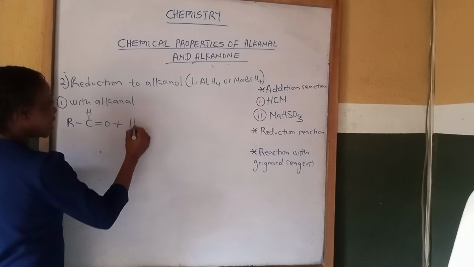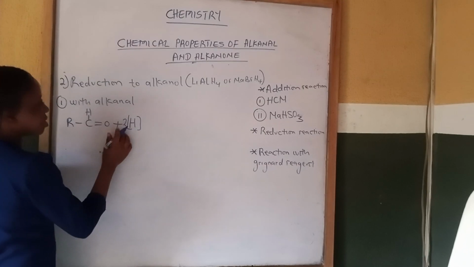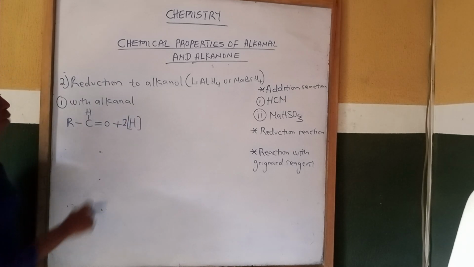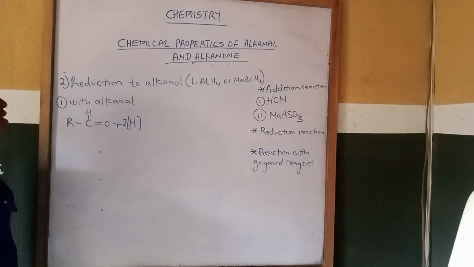So with alkanal, let's use the molecular formula first to explain. Plus hydrogen, now from what? From your reducing agents. I'm putting this hydrogen in brackets because it is not hydrogen gas.